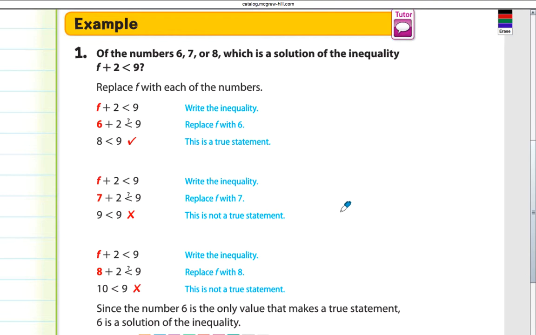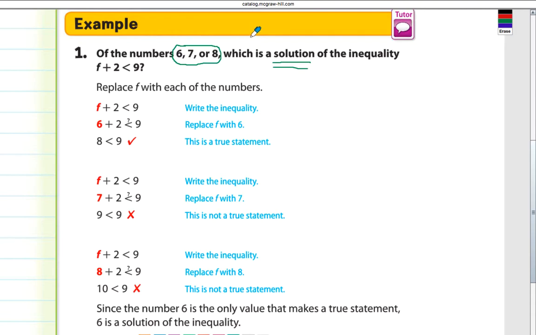You'll see that in example 1, we have the numbers 6, 7, and 8. And the question asks which one of those is a solution, which is an answer, to the inequality f plus 2 is less than 9.